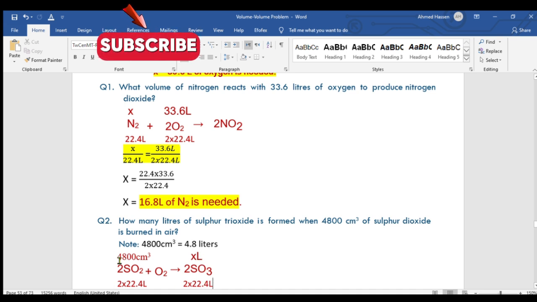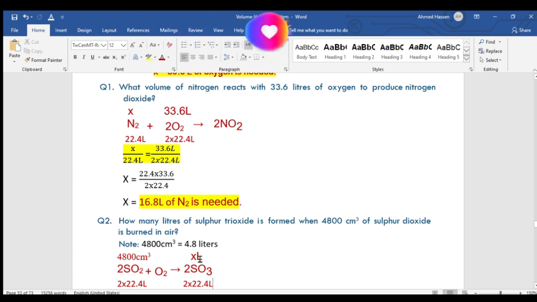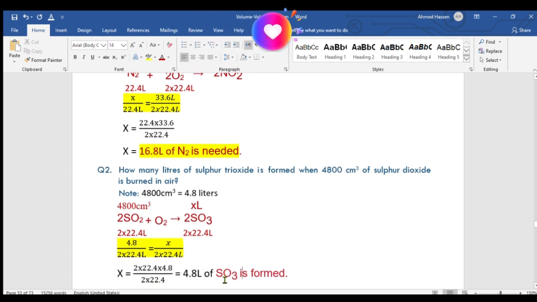The same volume of sulfur trioxide will be formed because the coefficients of these two formulas are the same, and the value of X becomes the number given for sulfur dioxide, which means 4.8 liters of sulfur trioxide will be formed.